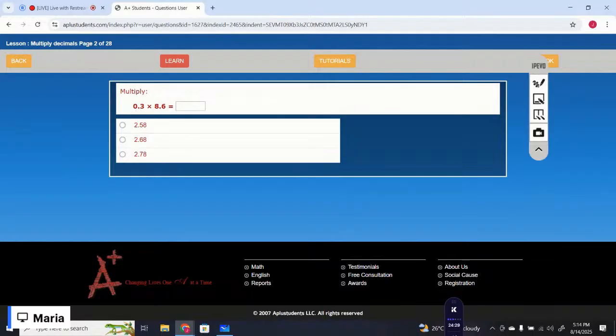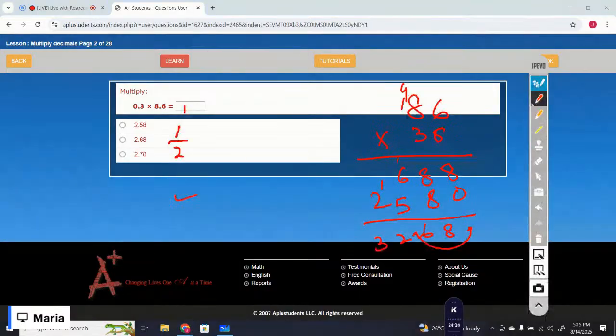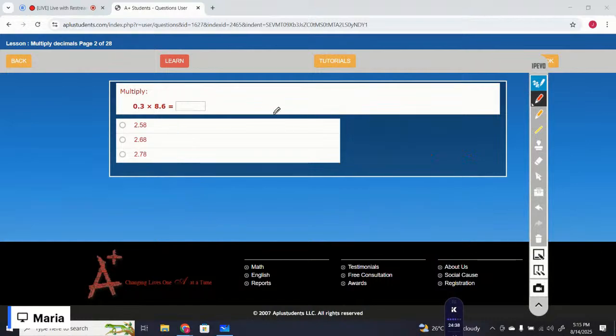0.3 times 8.6. So both the numbers have one decimal place, so the answer must have two decimal places. So 86 times 3. 3 times 6 is 18. Write 8 and carry 1. 3 times 8 is 24 and 1, 25.